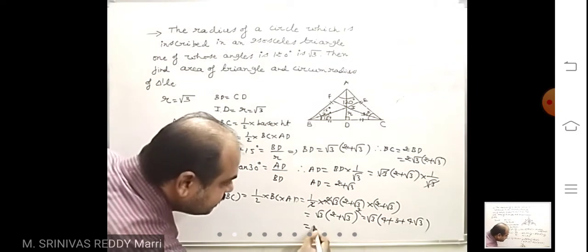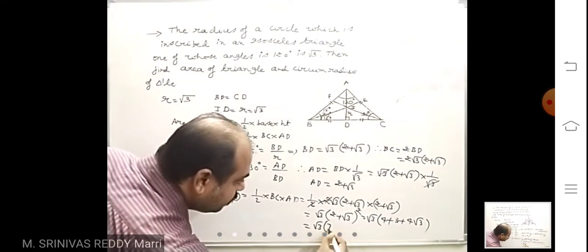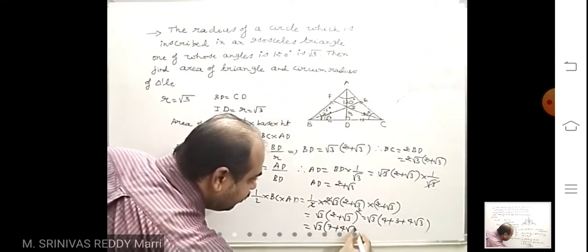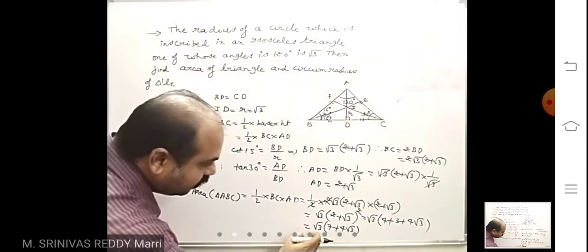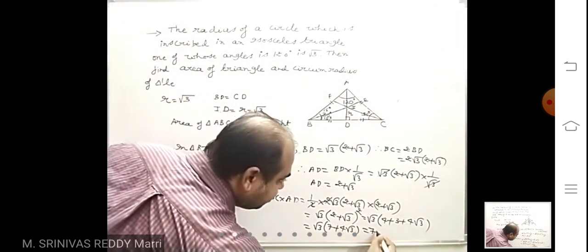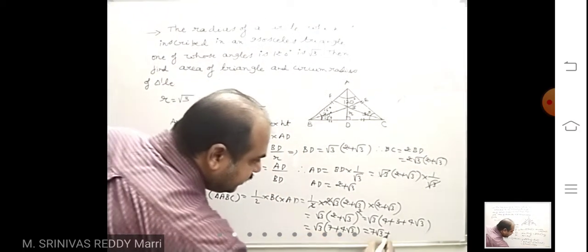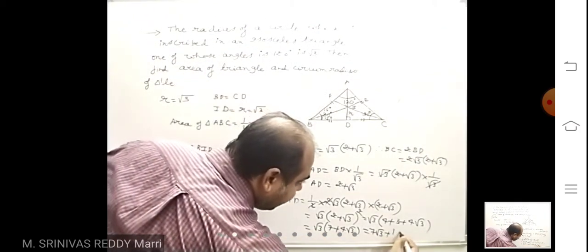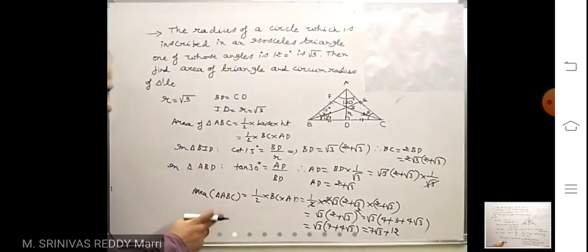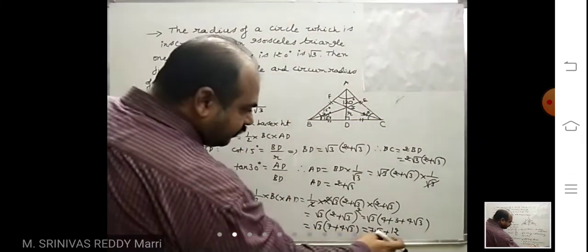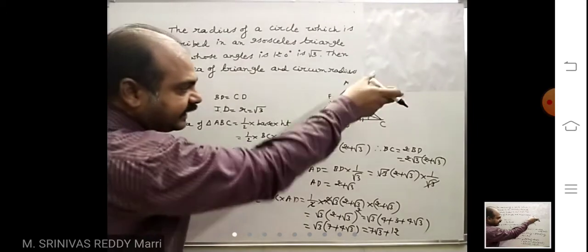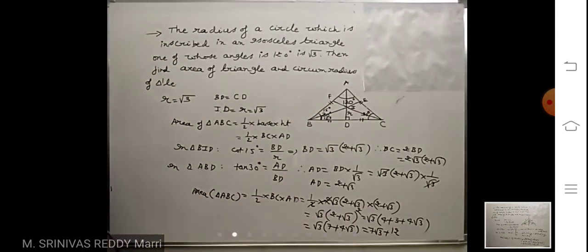So therefore this is nothing but root 3 into 7 plus 4 root 3. So root 3 into 7, that is nothing but 7 root 3 plus, so 4 root 3 into root 3, that is nothing but 12. So area of triangle is nothing but 7 root 3 plus 12. Like that, geometrically I have done the problem.